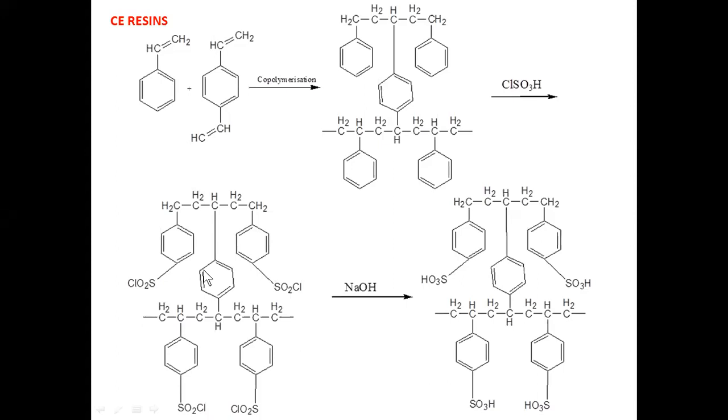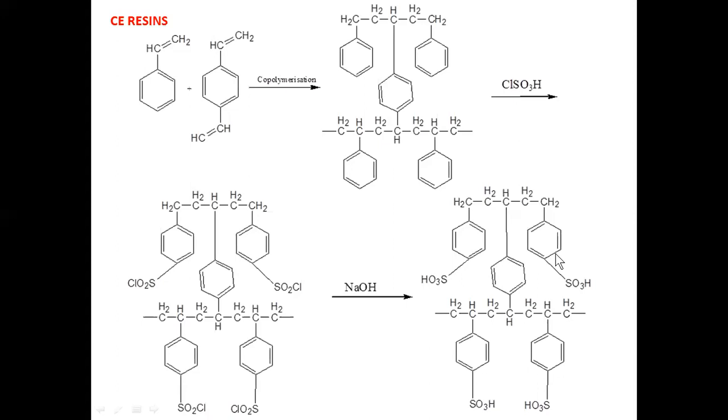Sulfonyl chloride is going to be attached to these phenyl groups. So this sulfonyl chloride containing copolymer is treated with an alkali such as NaOH. SO2Cl is going to be converted into SO3H, SO3H, SO3H.